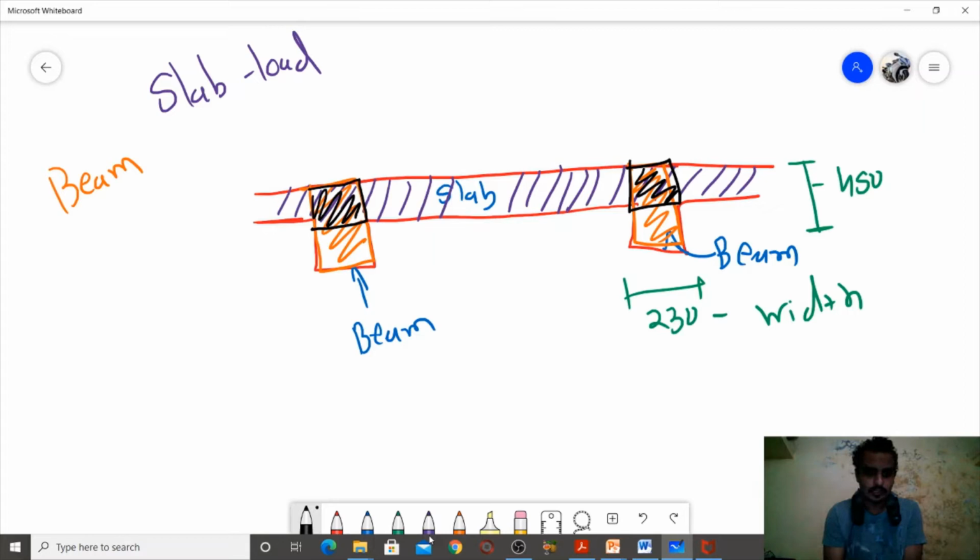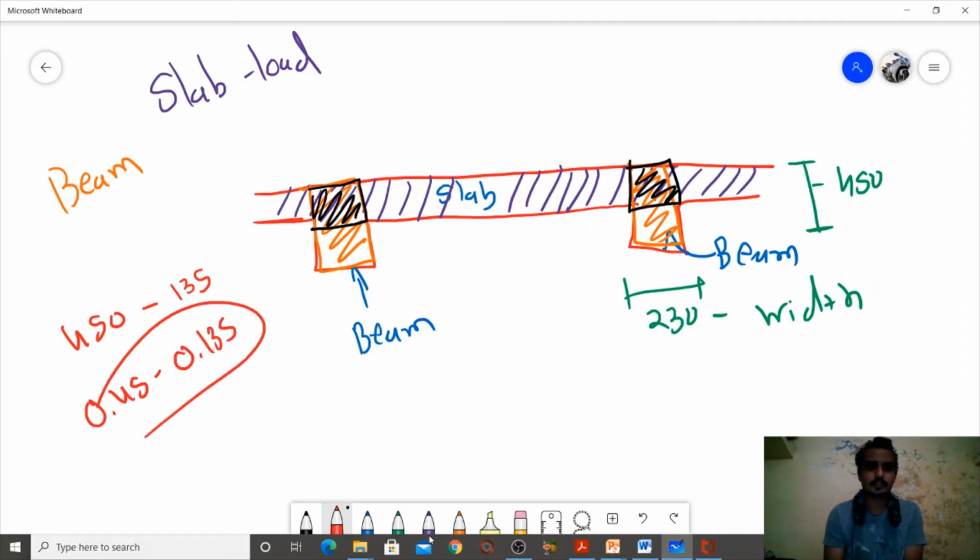The overall beam depth is 450 minus the slab thickness 135. In meters, I write 0.450 minus 0.135.